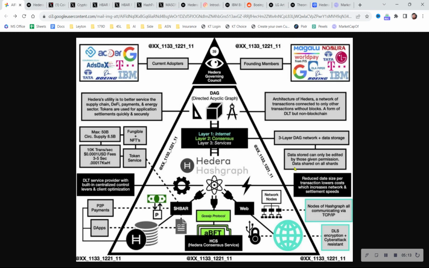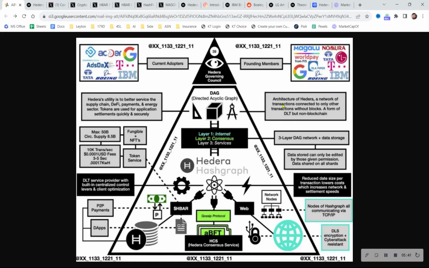This information is across all of the shards which that transaction actually touched. So it has a lot of the same chain information integrity design while having a lot higher speed.